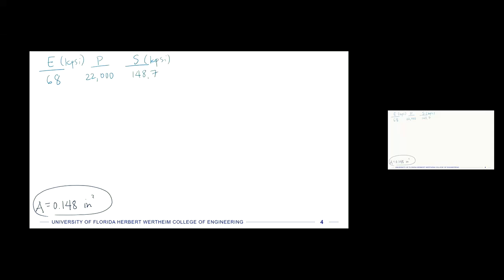148.7 kpsi. So that was pretty high. And at that stress level, we had 1,200 cycles, and the allowable number of cycles at that stress level is 3,800.